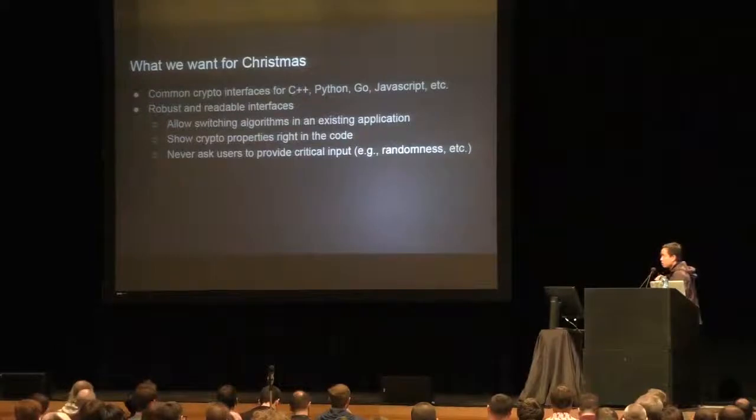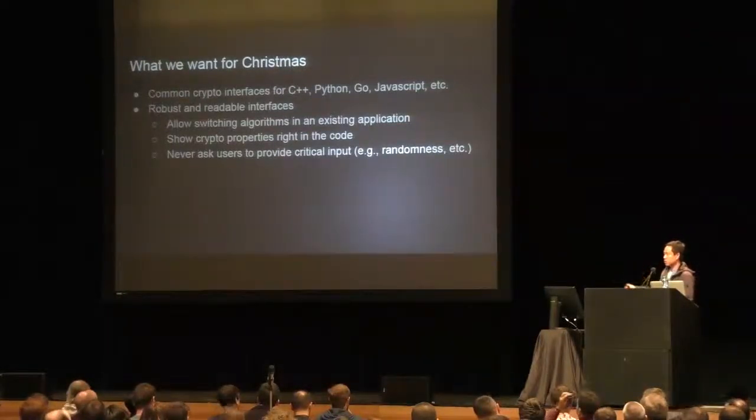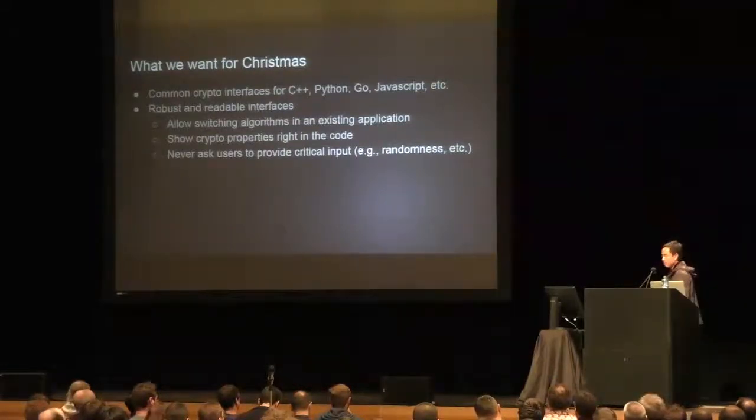Another property that we want to see in crypto libraries is that it should be easy to look at the code and understand right away the crypto properties guaranteed by the library. For example, if you are using authenticated encryption, it should be easy to see that without navigating the whole structure of the library and going down the abstraction layers to understand what properties are guaranteed.